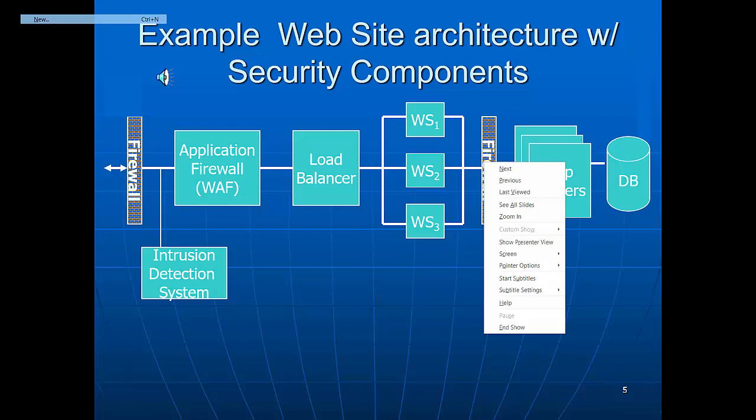You can also have other kinds of database application protocol detection systems too. So this is a simplistic example at a very high level.